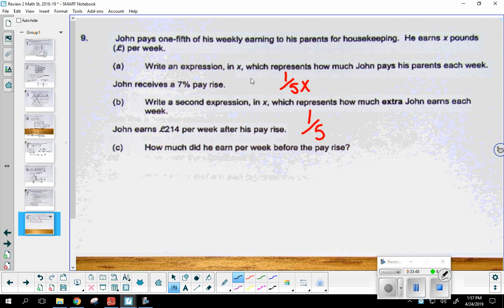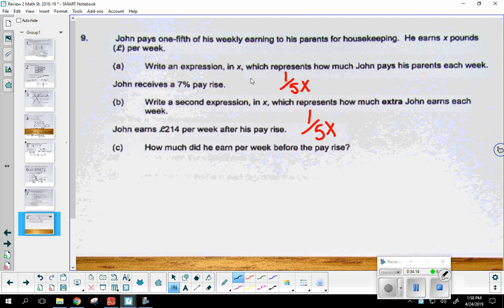Okay, so he receives a 7% pay raise. Write a second expression in X which represents how much extra John earns each week. Are you just going to multiply that by 0.7 or no? Well, you add it. You are going to add the increase. But there we go.